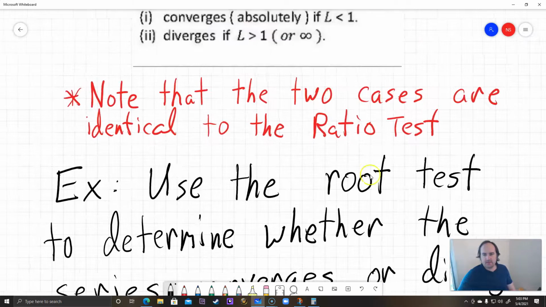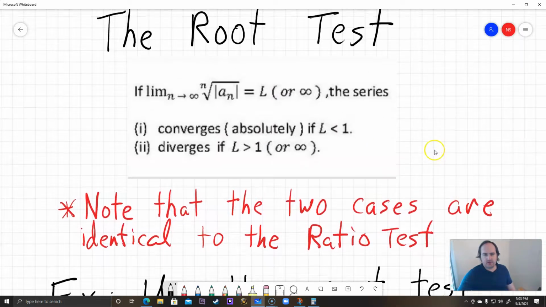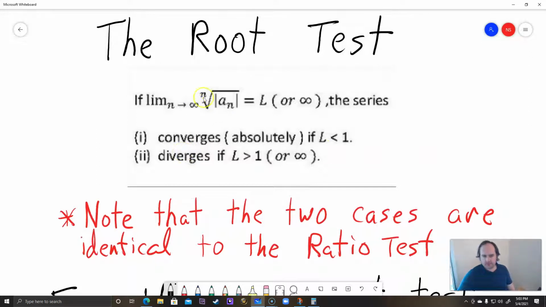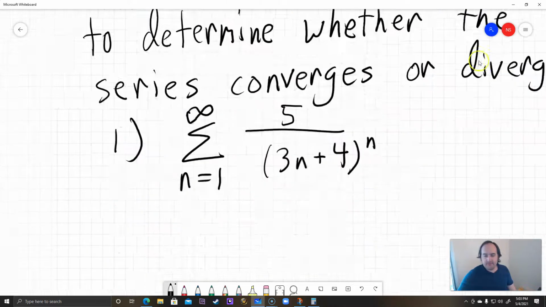Again, the setup of this is pretty similar to the ratio test. It's called the root test though because we have an nth root instead of a ratio. So we're going to find the limit as n goes to infinity of nth root of absolute value of a sub n.